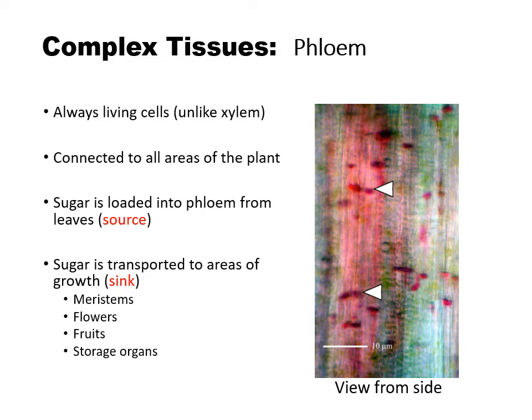They follow each other. And sugar is loaded into the phloem at the leaves, which we call the source, and is translocated to growth areas or areas of need, which we typically call sinks. Not like your kitchen sink. Think of it as a depression where it sinks, so sap flows towards the sink from the source. Okay, so that's the terminology that we like to use in plant physiology.